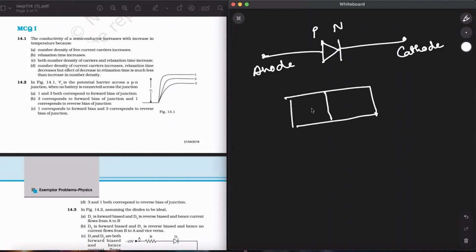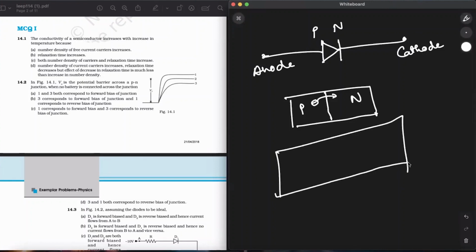This is a PN junction. This is the P type. This is the N type. So what happens is electrons and holes get interchanged like this. The depletion layer can be shown like this with a better diagram: plus, plus, plus, plus. This is the junction.